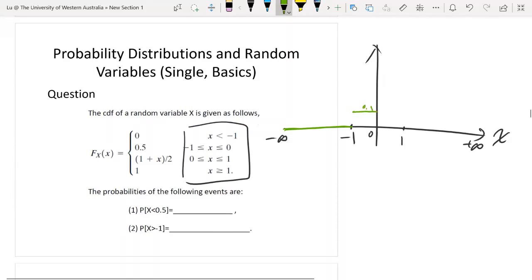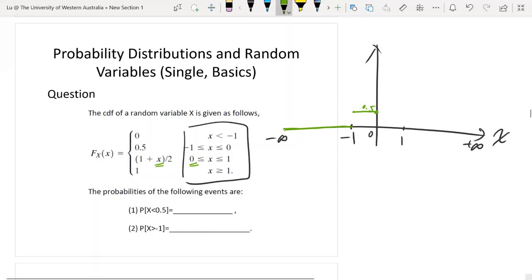The height is 0.5. And from 0 to 1, we start to linearly increase the value for the CDF function. So when the x is 0, 0 plus 1 is 1, 1 over 2 is half. So this is the start point. When the x is 1, 1 plus 1 is 2, 2 divided by 2 is 1.